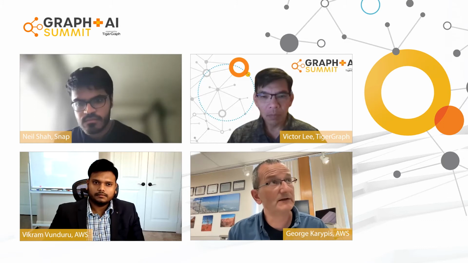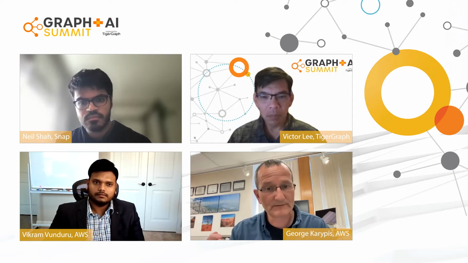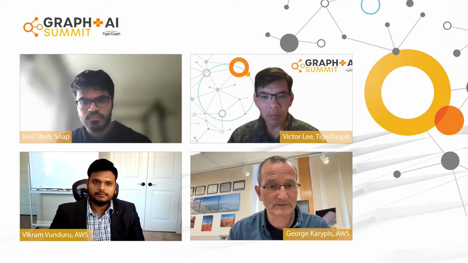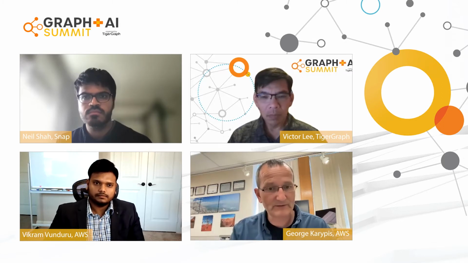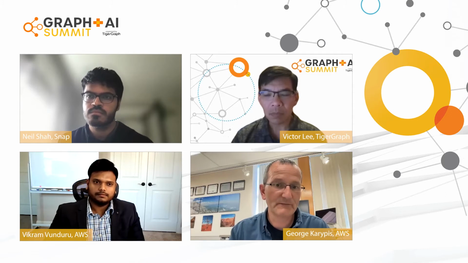About two years ago, we introduced support for heterogeneous graphs, and also support for training on very large graphs in which there's not enough memory to put everything into a GPU, by providing mini-batch and sampling approaches.